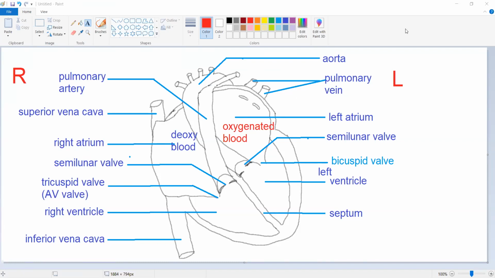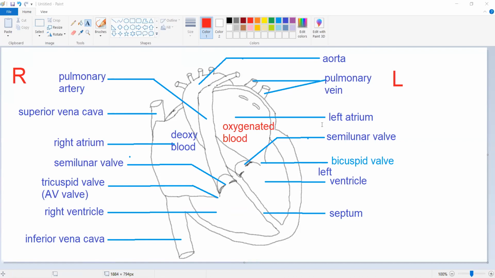Amirul Hakim, a very good question: what happens if oxygenated blood mixes with deoxygenated blood? In fact, we have some diseases like this. Some people have a congenital defect whereby their septum doesn't close properly. In Malay, we call it jantung berlubang.